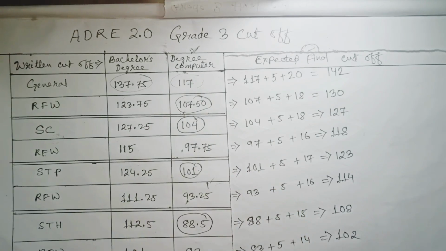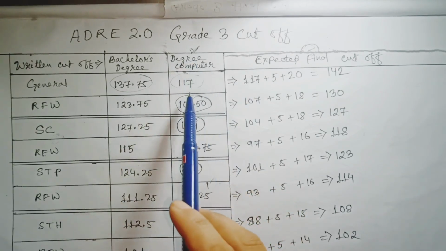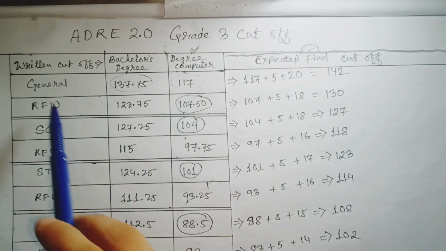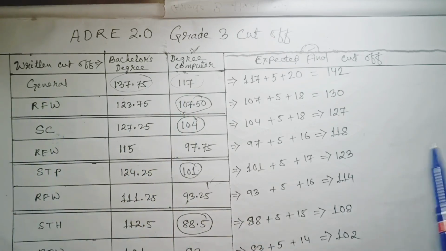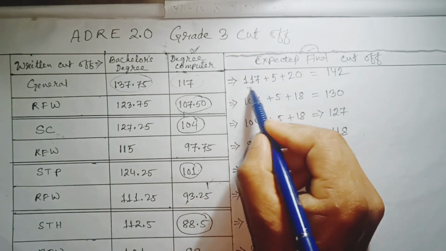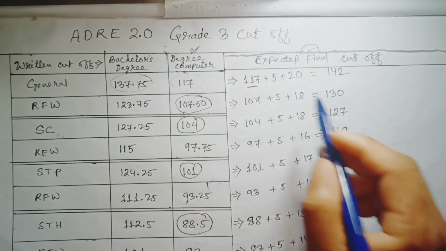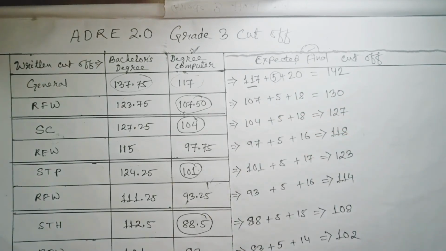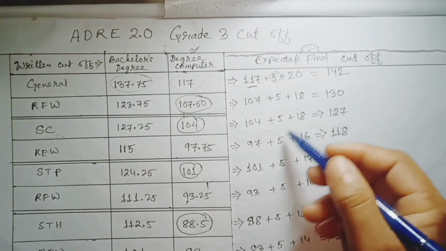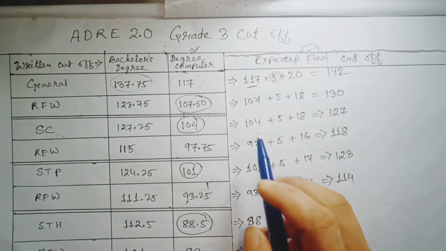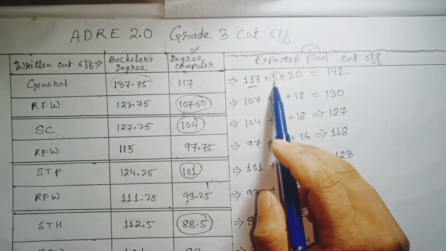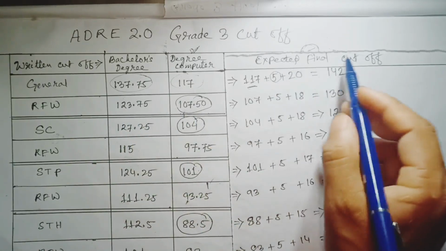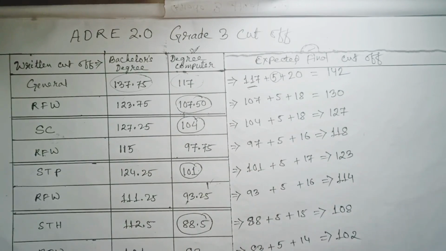We have seen that the degree with computer cutoff was 117 for the general category. So let's take the written cutoff 117, and let's add some average marks, because taking only the cutoff is not enough. We have to take at least 4 or 5 extra marks. In this case I'm taking 5 marks, and we know that the skill test was for 25 marks.